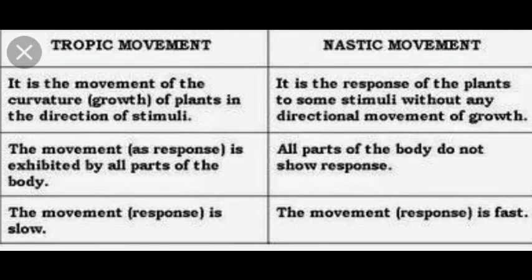Number two, the response can be found in all parts of the body, but in nastic movement, it is shown only in the specific part. And the third one is, the movement is very slow in trophic movement, and in nastic movement, it is very fast. So these are the three major differences between trophic and nastic movement.